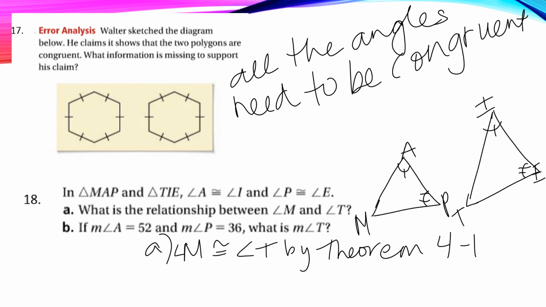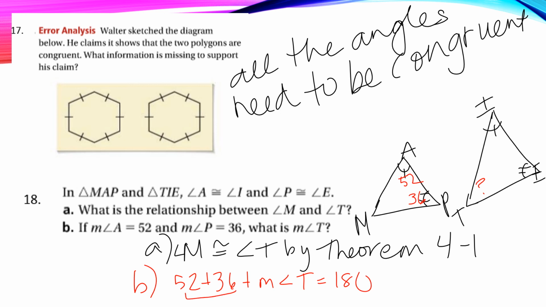Okay, then going on to B, if the measure of angle A is 52 and the measure of angle P is 36, what is the measure of angle T? So we already know that angle M and angle T are congruent. So what we can do is add up 52 plus 36 plus the measure of angle T, set it equal to 180, and solve for whatever T is.